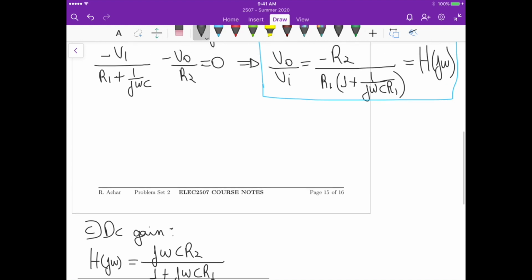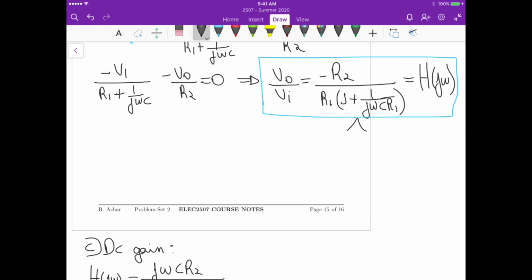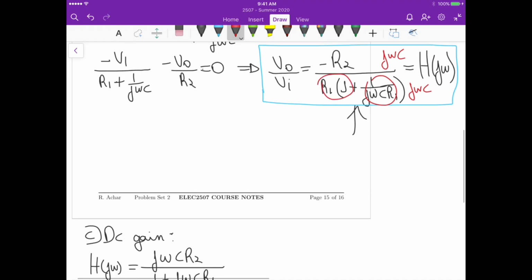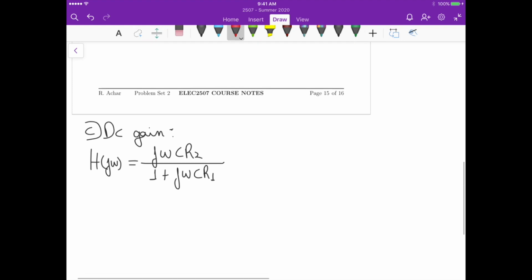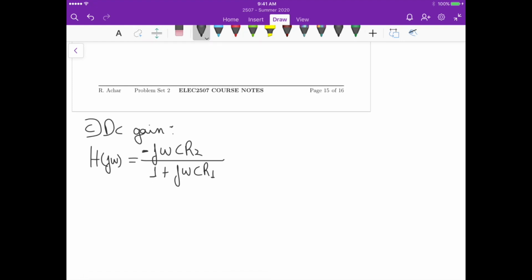That's the same equation that we got up here. It's just that I'm multiplying this by j omega C and down here by j omega C. Okay, so then this j omega C R1 cancels out, this one becomes 1, and this second part becomes j omega C R1, and up there minus j omega C R2.